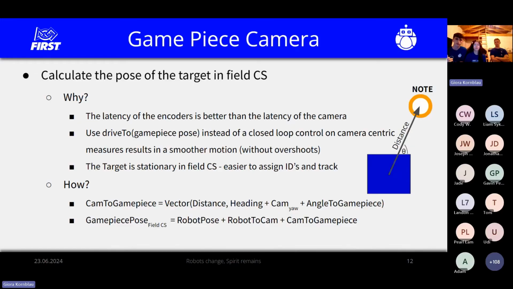And closing the loop on the encoders results in smoother motion than closing the loop on the camera, which can result in overshoots. And we calculate the game piece pose in field CS because the target is mostly stationary in field CS, so it's easier to assign IDs to them and to track them.